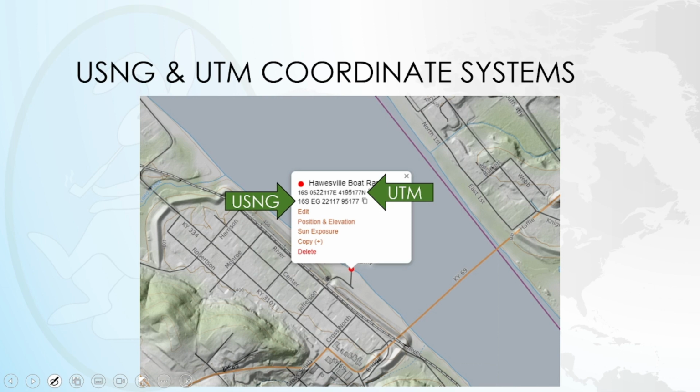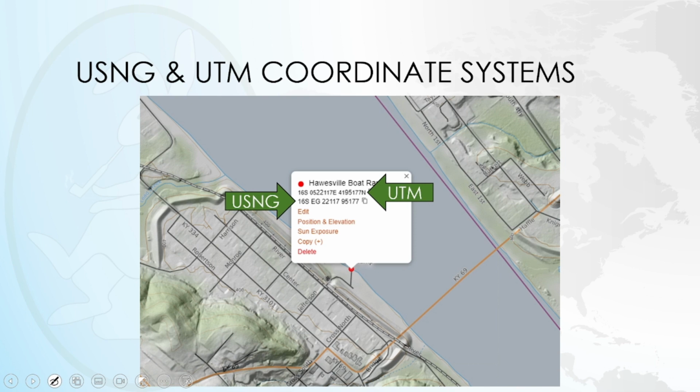It's a lot easier whenever we start talking coordinates in the field to verbally say the US National Grid coordinates. However, historically, I've always taught the UTM coordinate system. That was a standard for a long time, and it was very much the standard that I've been teaching over the years.